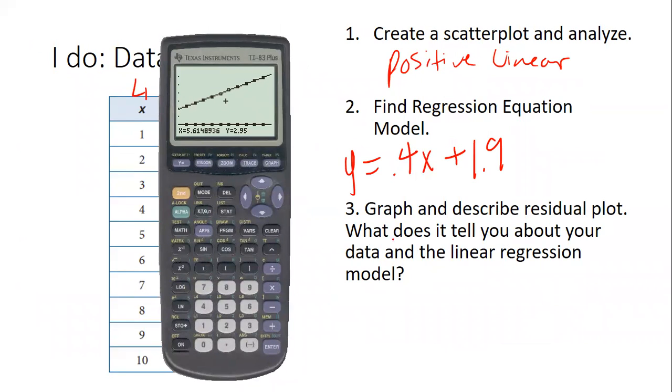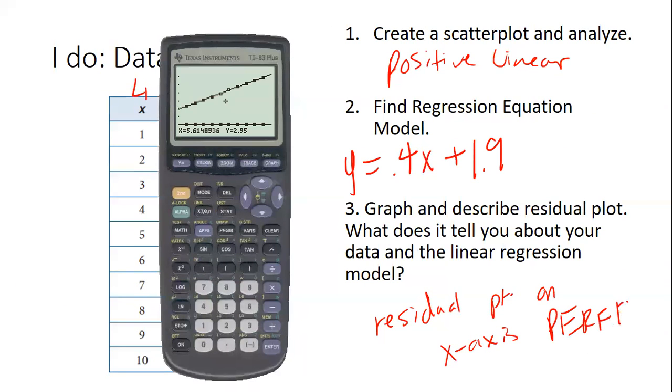So my description is all residual points are on the x-axis, therefore it is perfect. That's how you analyze your scatter plot and your residual values. What that means is that if I was to plug in and subtract, it would equal 0 the entire time. Does that make sense?